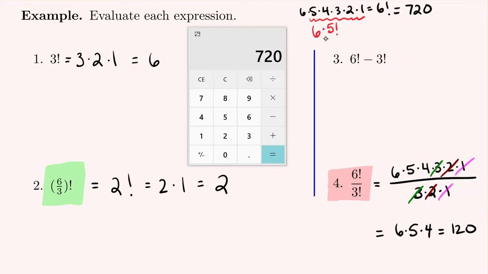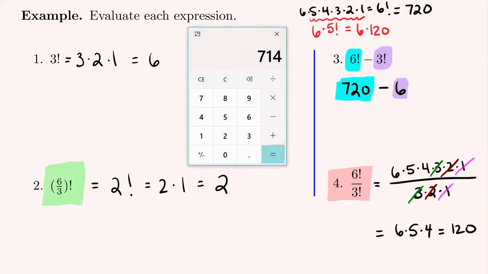So it's 6 times 5 factorial. We know from a previous example 5 factorial was 120. So I could figure this out a little more quickly if I knew 5 factorial was 120, because then it's just 6 times 5 factorial, and we'd get 720. So I have 720 minus 3 factorial, which is 6. 6 factorial became our 720. 3 factorial became 6. And then when we subtract those, we get 714.